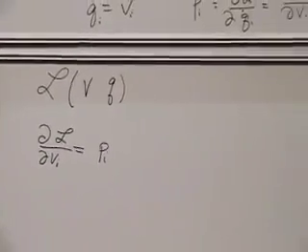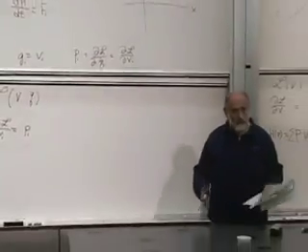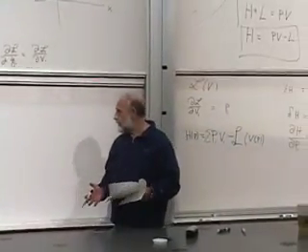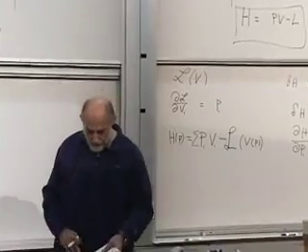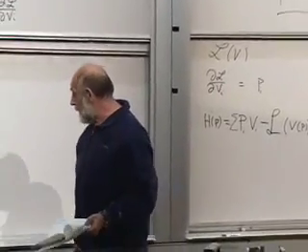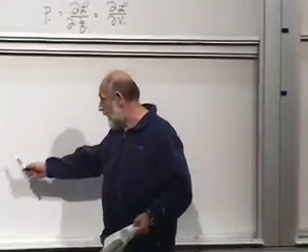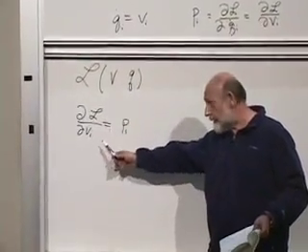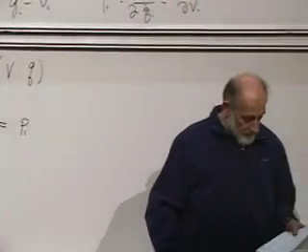So we start to see the Legendre transformation between p's and velocities beginning to shape up. And it's simply the definition of canonical momentum as the derivative of the Lagrangian with respect to q dot.